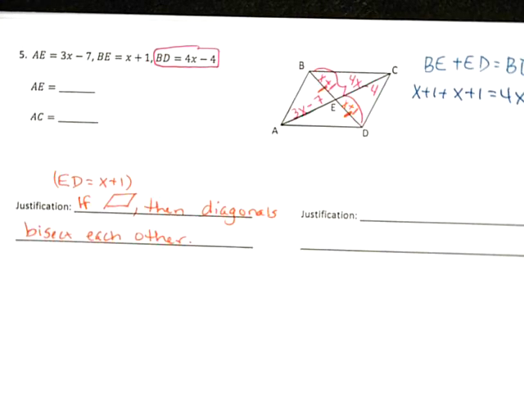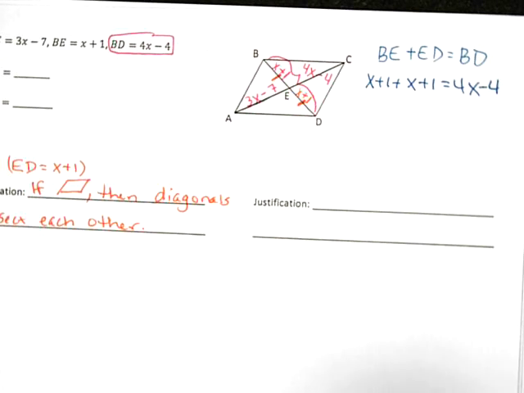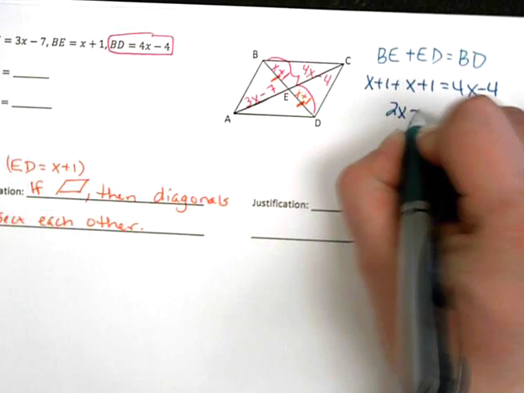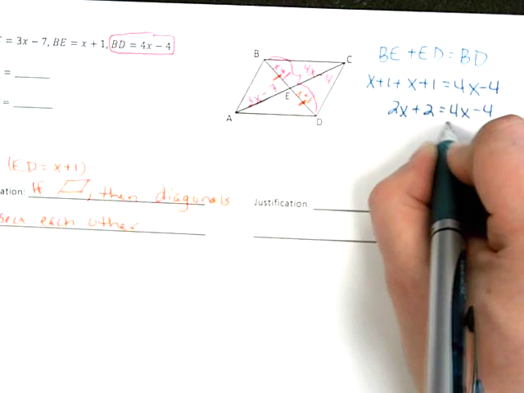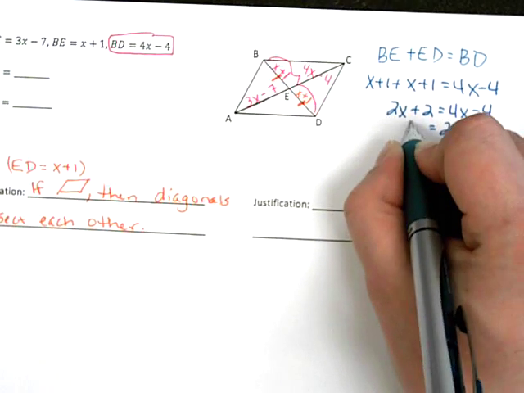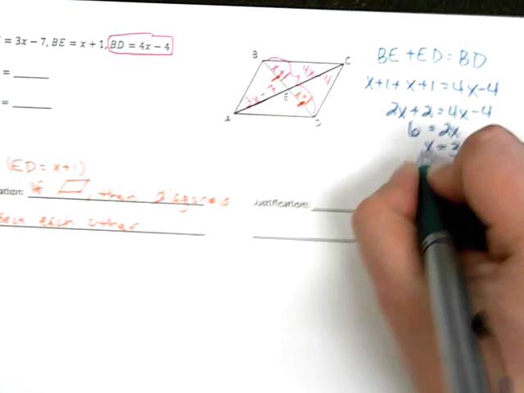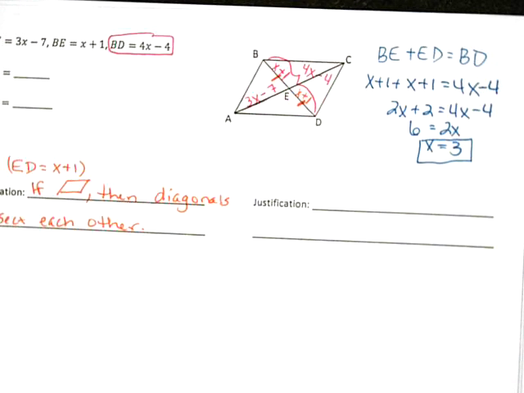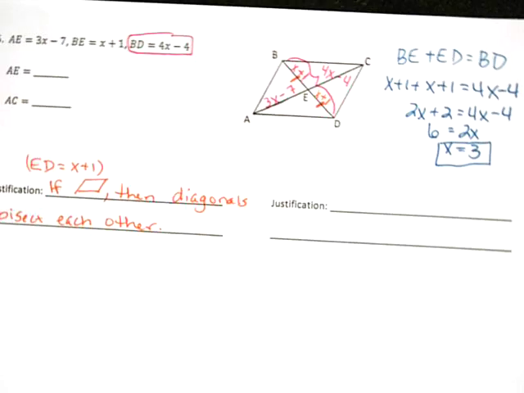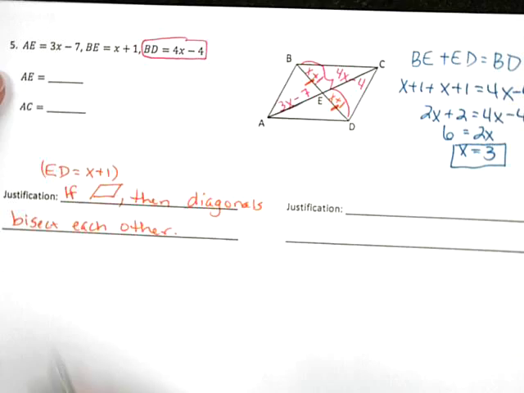And now I can solve for x. Okay? So 2x plus 2 equals 4x minus 4. And I can solve to get x equals 3. Okay? And I can actually just plug that right back into AE, because that's what it was asking for over here. AE.